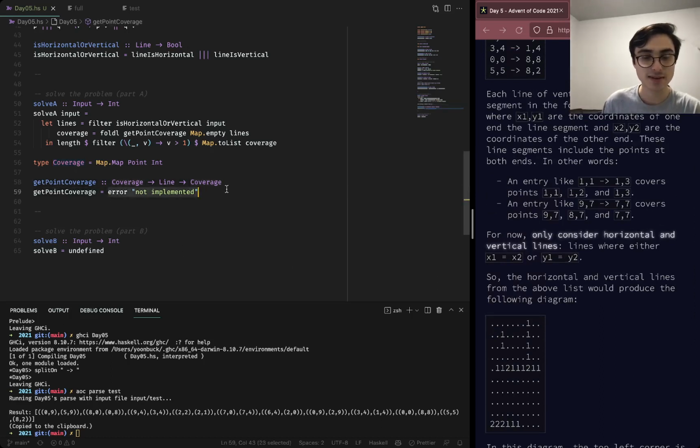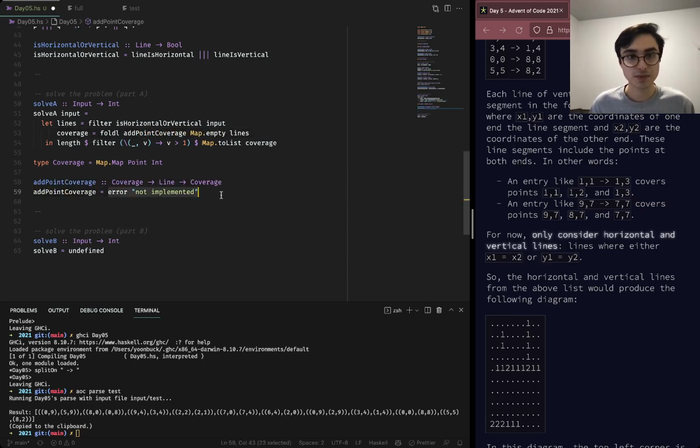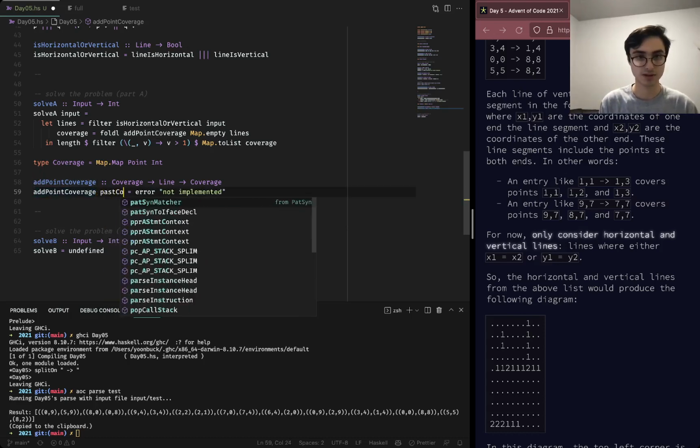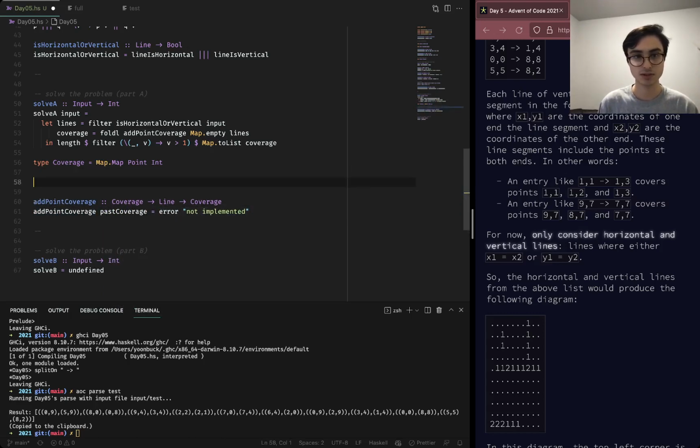Sounds like a plan. So we will have get point coverage. This isn't really get point coverage, it's more like add point coverage. Add point coverage, pass coverage. So let's do get point coverage.